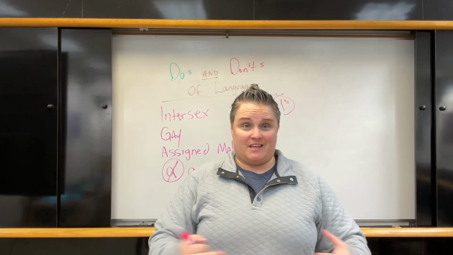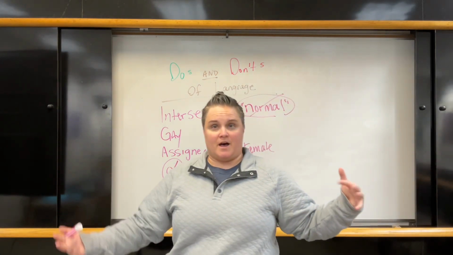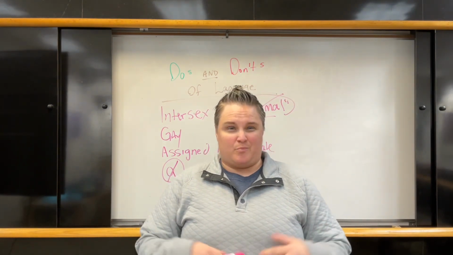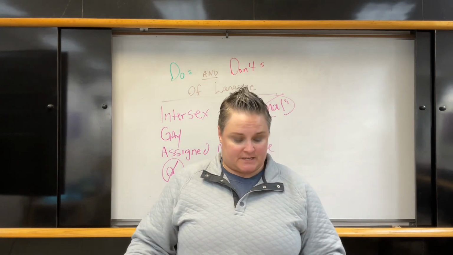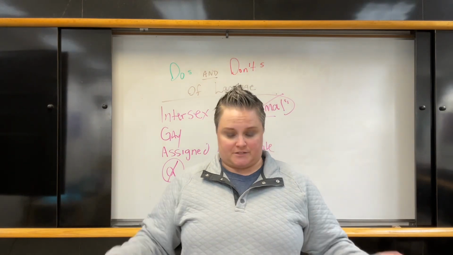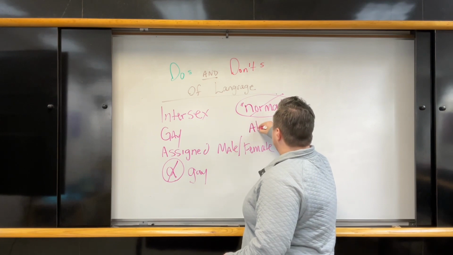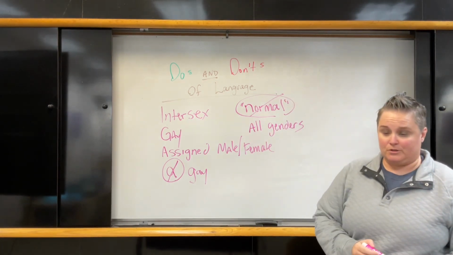And really, like we just said, it's a whole spectrum when we're talking about gender and sexuality and biological sex. So we don't want to imply that there are just two. So if you're talking about different genders, different sexes, or orientations, just say all genders, all sexes, all orientations. So we want more to be all genders is how we want to look at it.